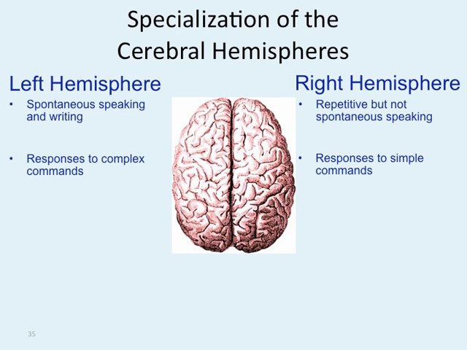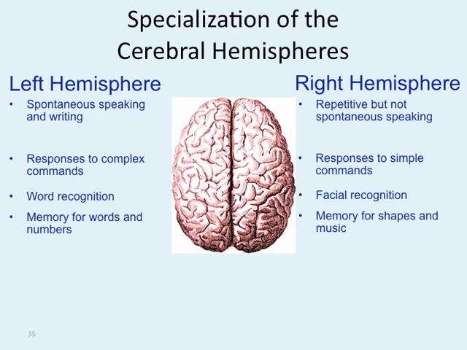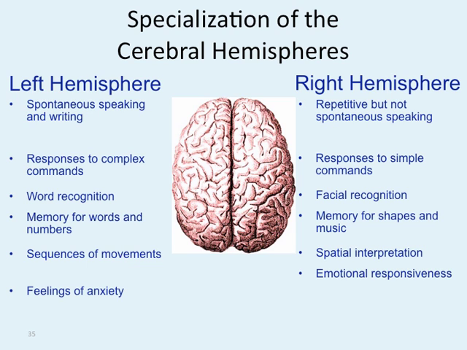The left hemisphere responds to complex commands, and the right hemisphere responds to simple commands. Word recognition is left hemisphere, while facial recognition is right hemisphere. Memory for words and numbers is left, memory for shapes and music is right. Sequence of movements is left, spatial interpretation is right.